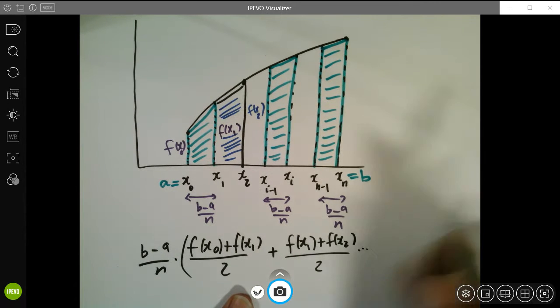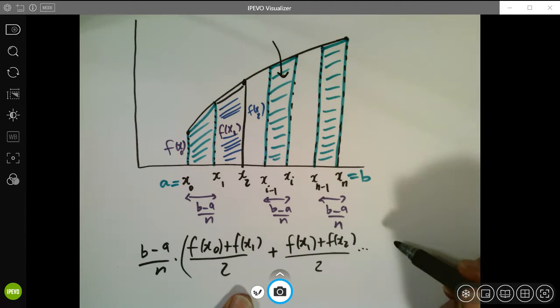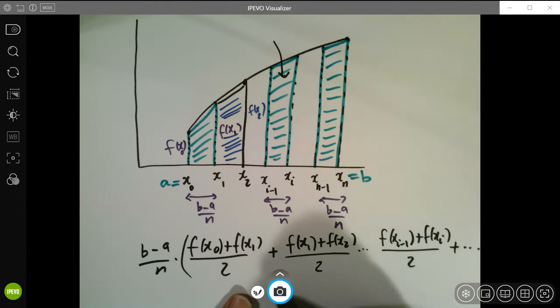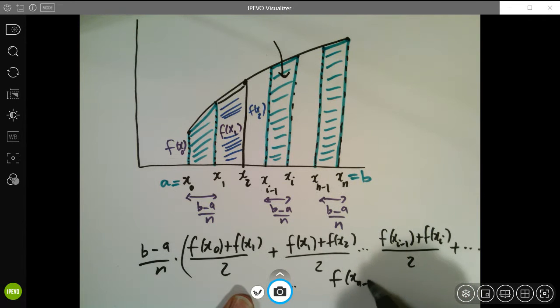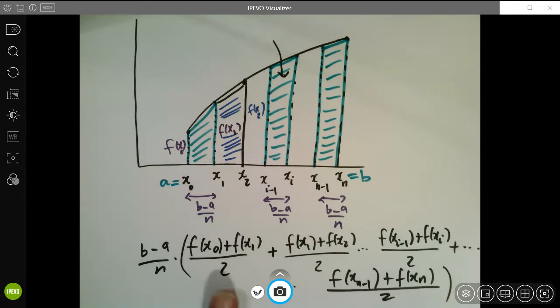In the general case, you keep doing this all the way, and you can see that the 2 can come outside. f of x1 is 2 f of x1, etc., then f of x2 will repeat, so we carry the 2 all the way to x_{n-1}.